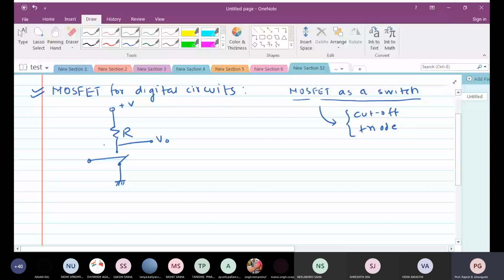If I somehow control this switch, if I have a high here, what will happen? The switch will close. In that case, what will be the output? So ground. It will be 0 or low. Now let us talk in terms of high and low.